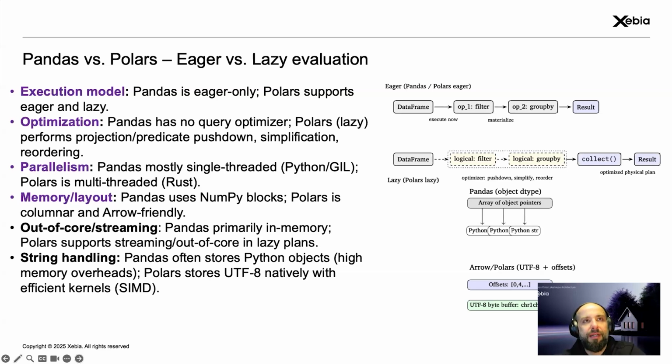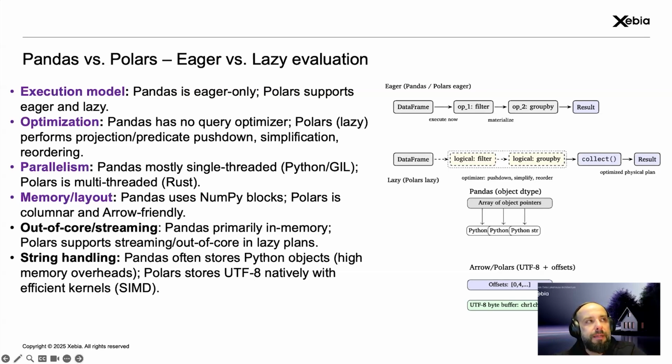By doing so, you can really have an optimized way of running transformations without the need for intermediate representation, because some of the steps can be combined and run within one step.